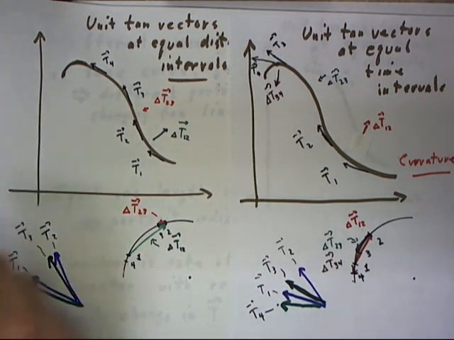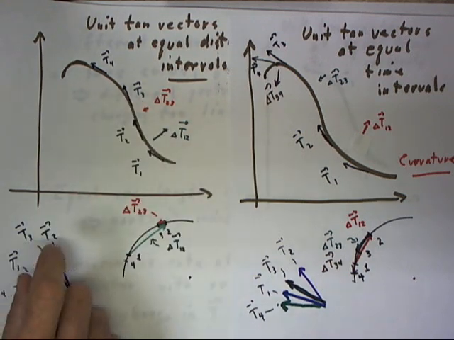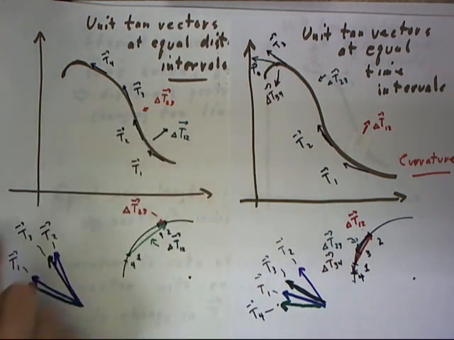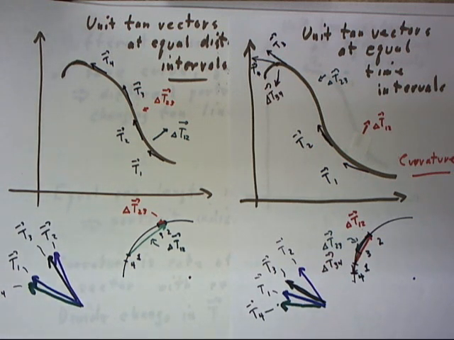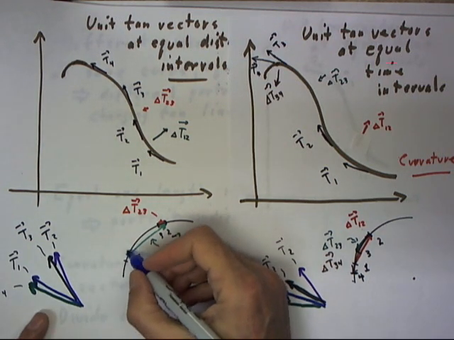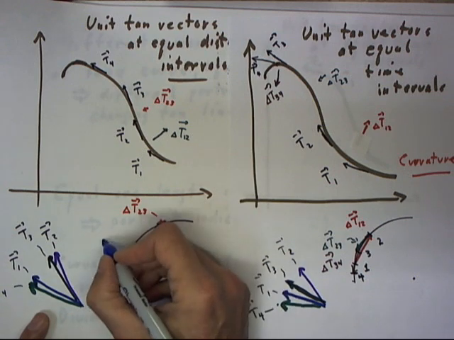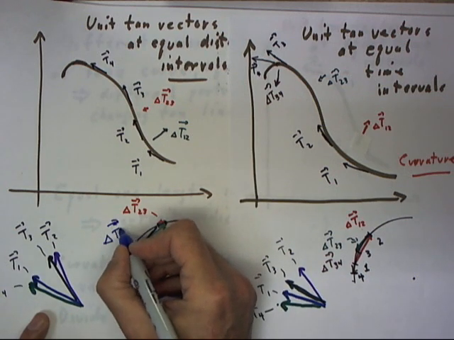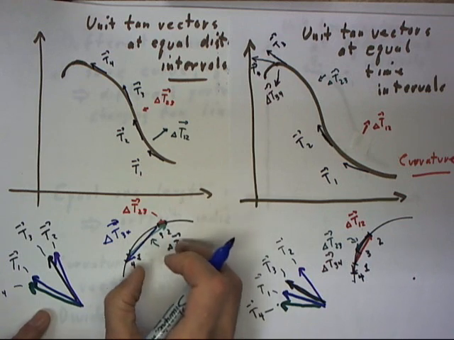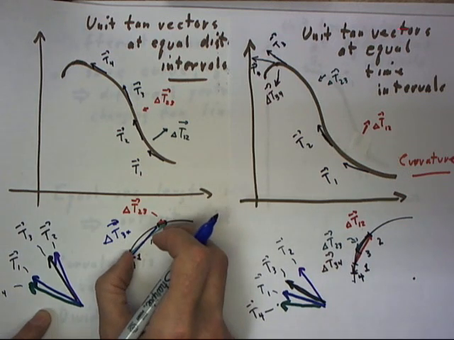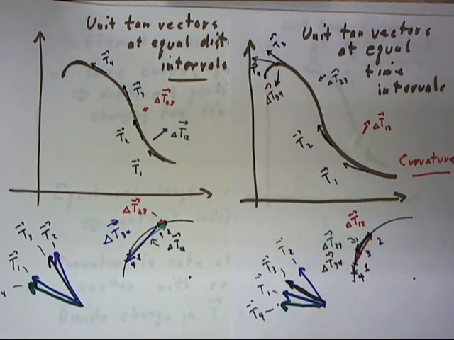And of course, between here and here, this is not a very curvy path. Between here and here, we see that the path is certainly curvier. And then between point 3 and 4, we would have a delta T 3, 4 that's clearly about the size of our delta T 1, 2, but in the opposite direction.